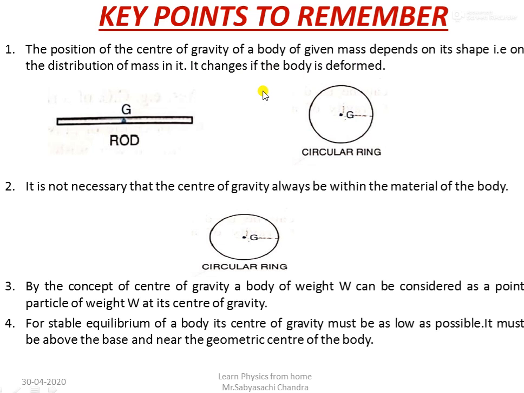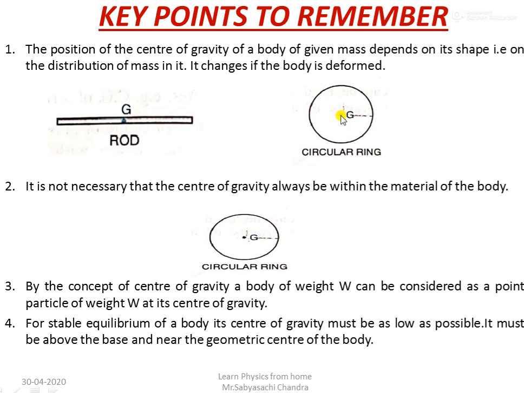Suppose this is a straight rod. So where will be the center of gravity for this rod? It will be just the middle of the rod. Now if you bend this same rod into a ring structure, the center of gravity will change.